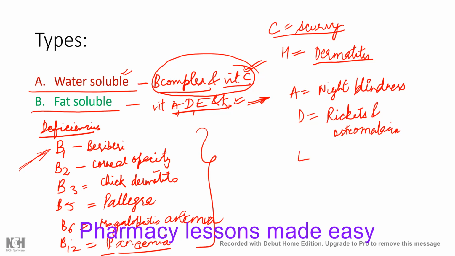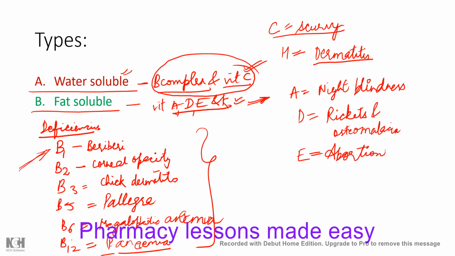Vitamin E, which is also called tocopherols, causes abortion and degeneration of muscles, sterility.